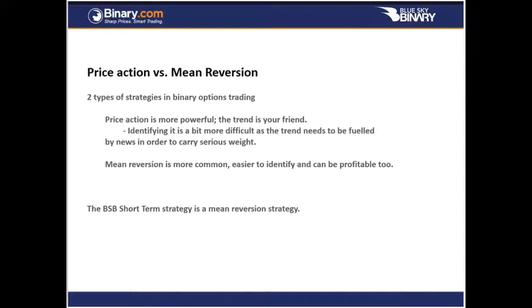So as I briefly alluded to earlier, there are two types of markets that you will encounter as binary option traders. The first is a less frequent type of market. It's known as the trending market or the price action market, where you're seeing bulls or bears moving the price up decisively in a northern or a southern trend.